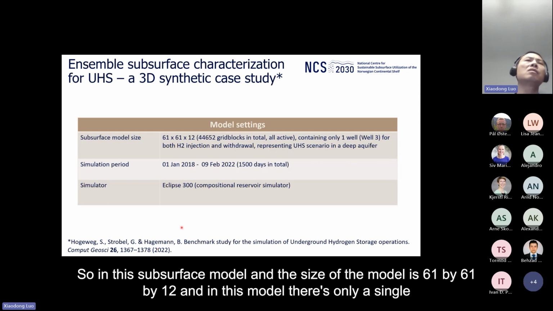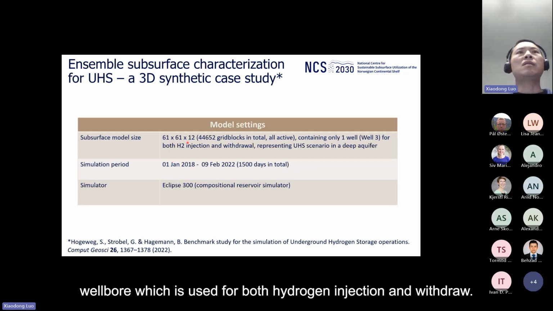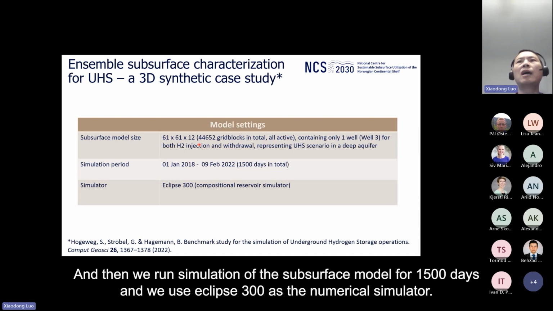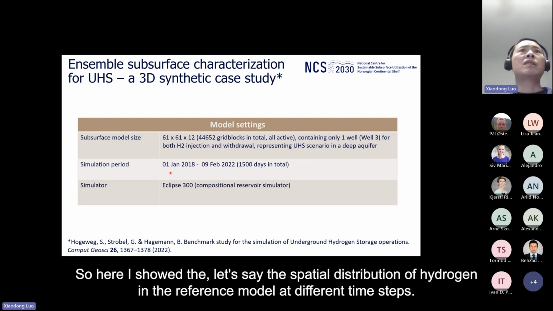In this model, there is only a single well, which is used for both hydrogen injection and withdrawal. We run the simulation of the subsurface model for 1,500 days, and we use Eclipse 300 as the numerical simulator.